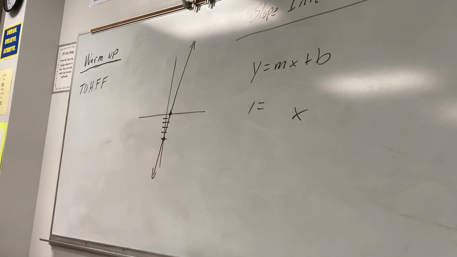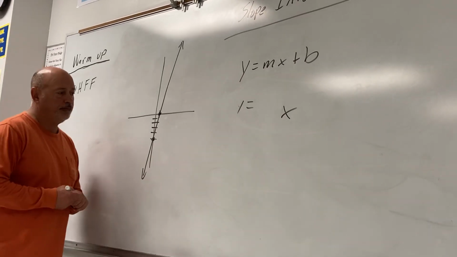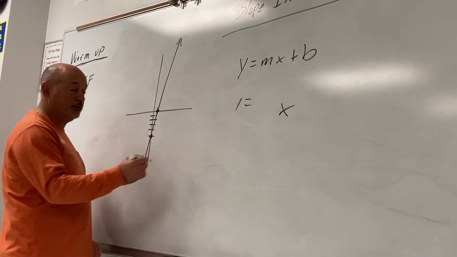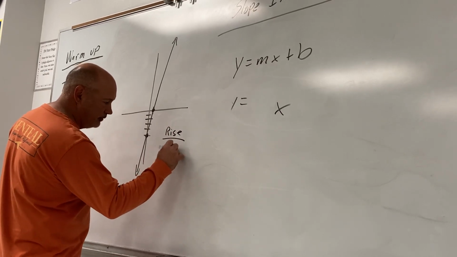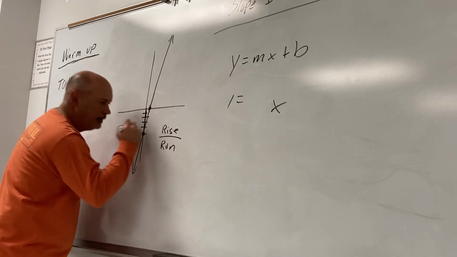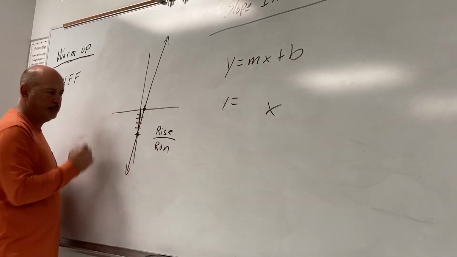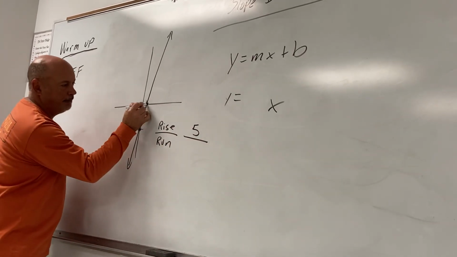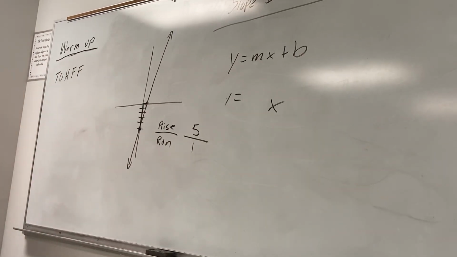All right, we need to find the slope first. Haley, how do I find the slope of a graph? Rise over run. Let's find the rise. If I go from this point straight up until I get even with the next point, how much do I need to rise? 5. What's the run? 1. Y'all agree this slope is 5 rise, 1 run?